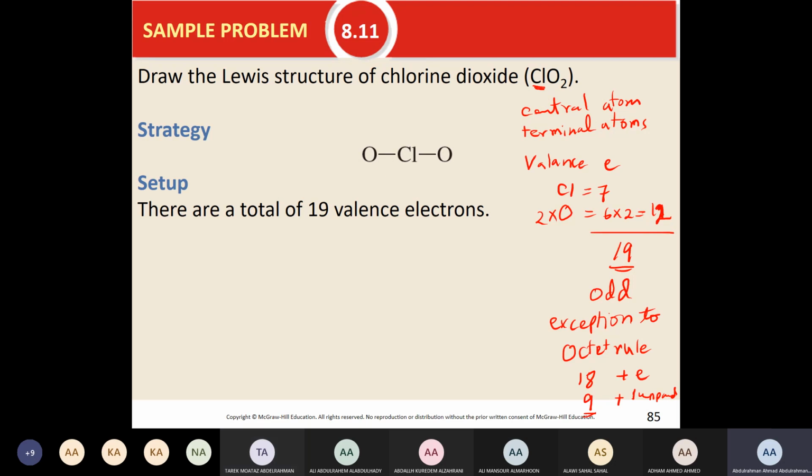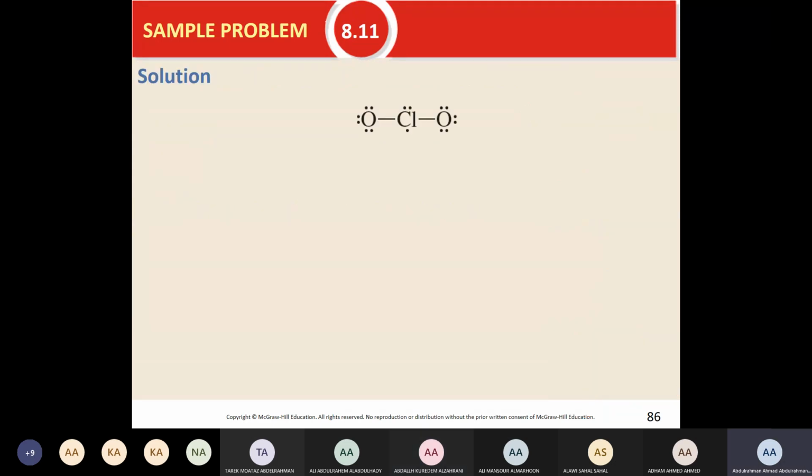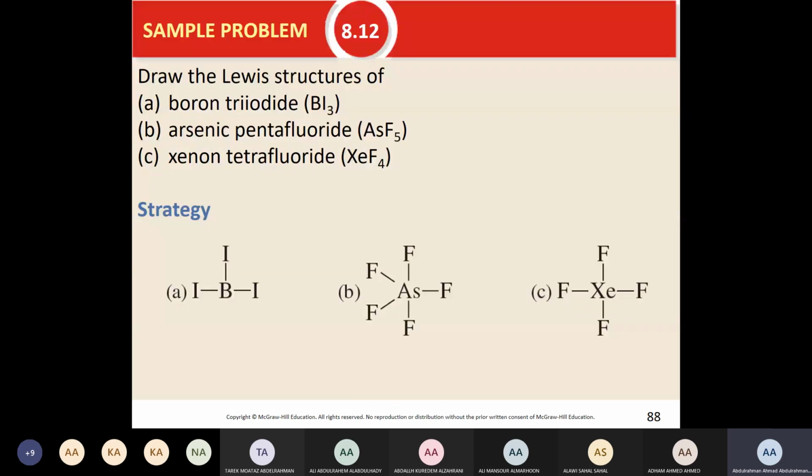I have 9 pairs, I use 2, and then 3, 4, 5, 6, 7, 8, and 9. And then I have 1 electron, I'll put it here. Now the structure is complete. Is everything satisfied? Yes, very good. All right, let's do more examples.